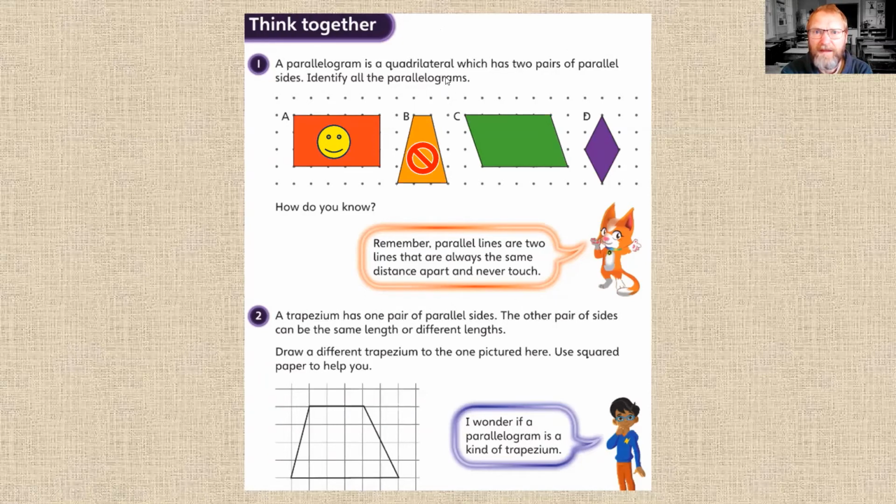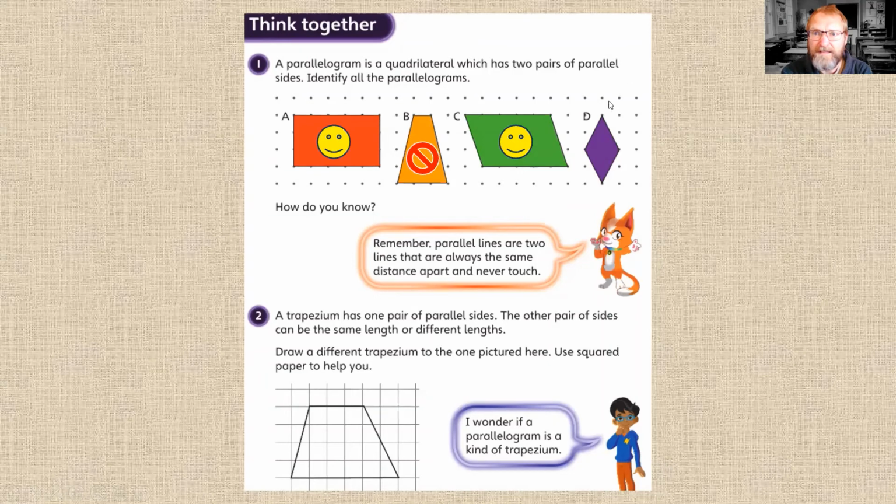Shape C, we've got the diagonal side lines are parallel. They would never meet if you carried on drawing them. And the top line and the bottom line, these opposite sides, are parallel as well. Yes, that is a parallelogram.